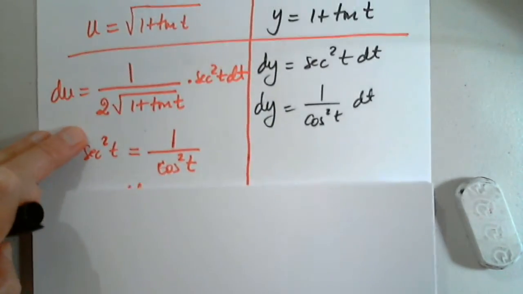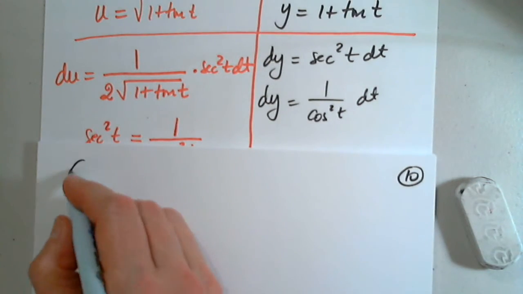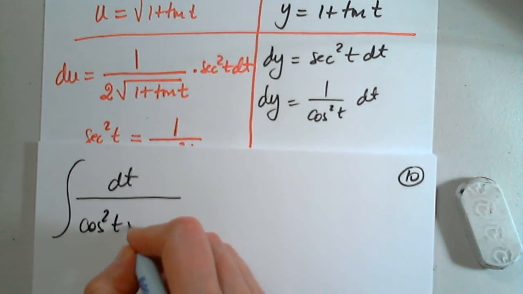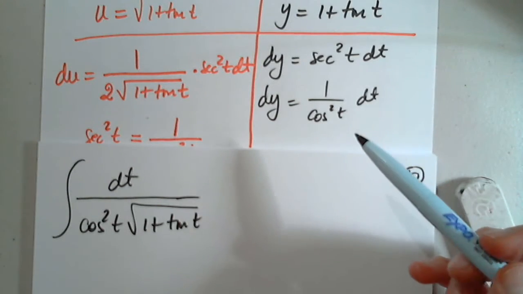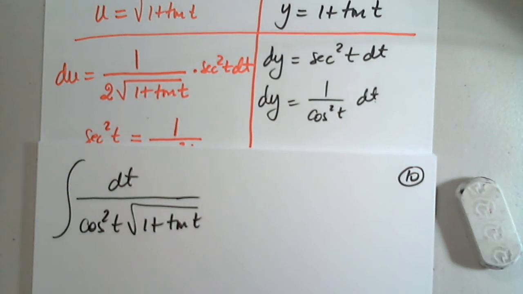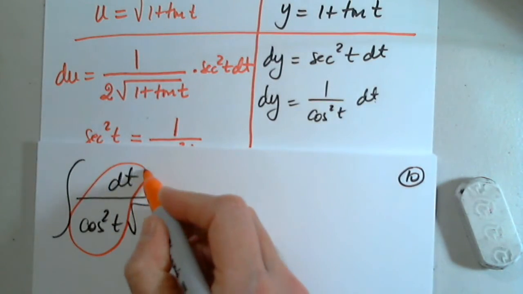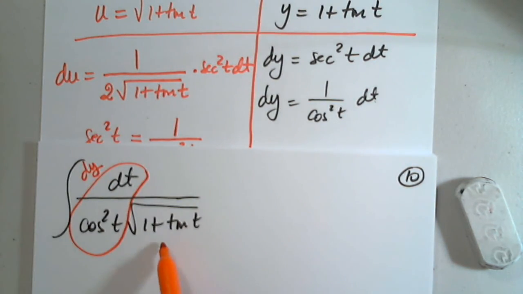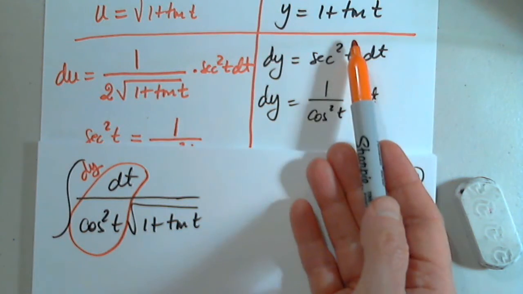So our integral was dt over cosine squared t, the square root of 1 plus tangent t. And now we have dy, which is dt over cosine squared. This is the dy. And this, obviously, is y to 1/2 in the denominator.